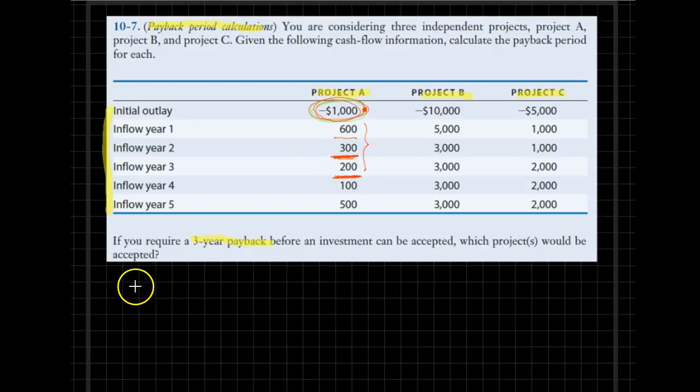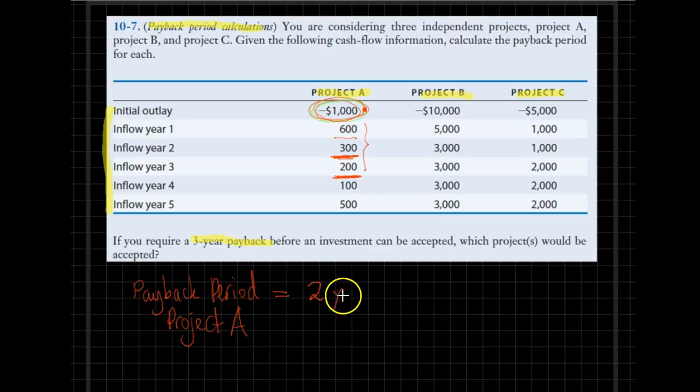So therefore, the payback period for project A would be equal to 2 years. Recall 2 years is not enough, but 3 years is more than enough, so it would be 2 years and several months. How many months? Now we need to focus exclusively on the third year.